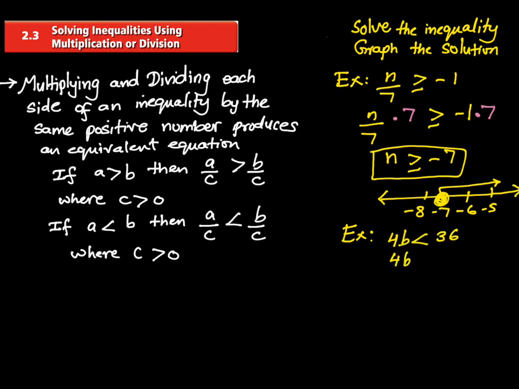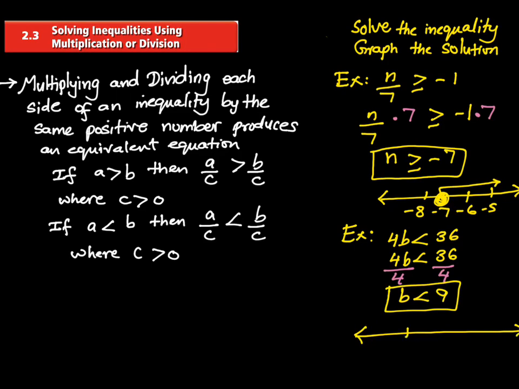4b is less than 36. You divide both sides by 4. Now, as we're dividing by a positive number, the inequality sign does not switch. And then graphing again, we look for 9.